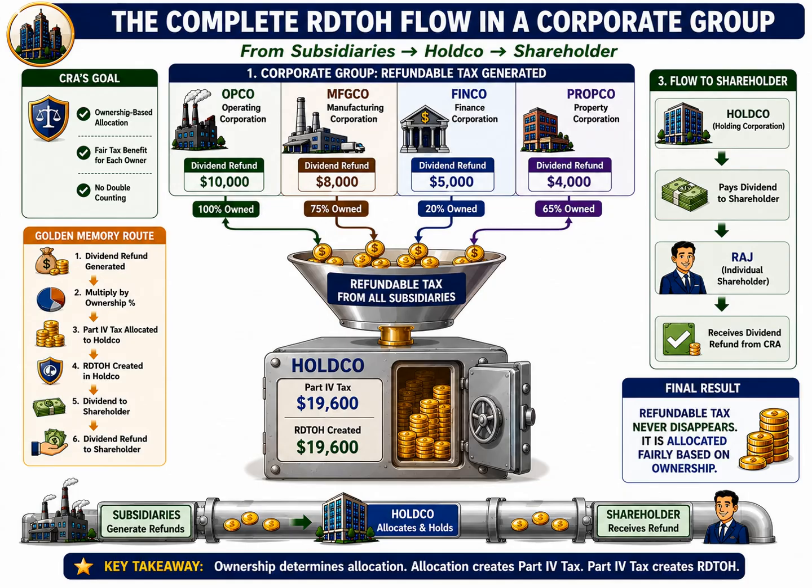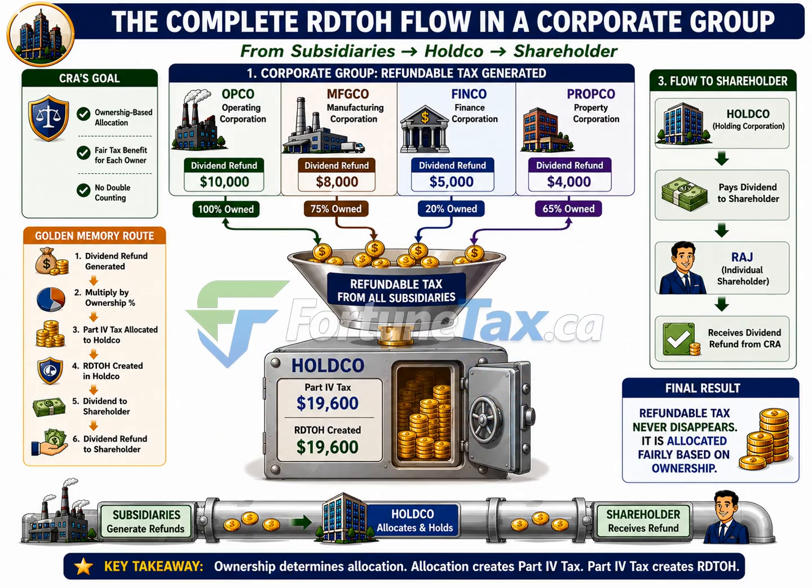The pipeline at the bottom of the slide illustrates the entire process. The subsidiaries generate refundable tax. Ownership percentages determine how much of that tax can be allocated. Holdco receives the allocated amount through Part 4 tax. Holdco creates an RDTOH balance. And ultimately, the refundable tax is recovered when dividends are paid to the shareholder.